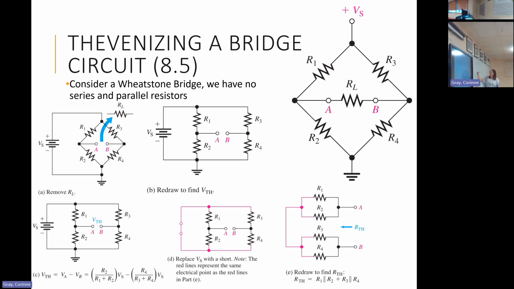So this here is redrawn as this. But how you're supposed to know how to do that, this textbook doesn't show you.